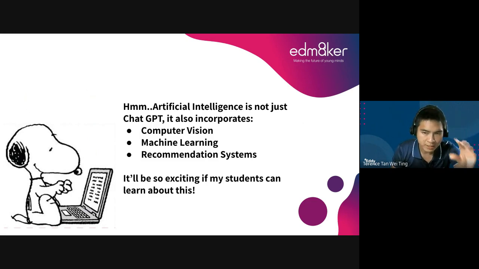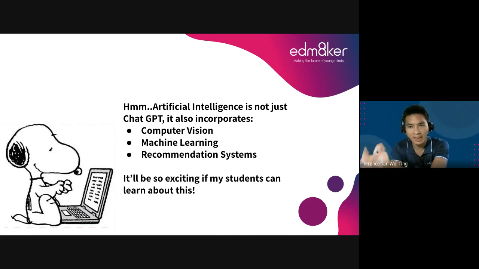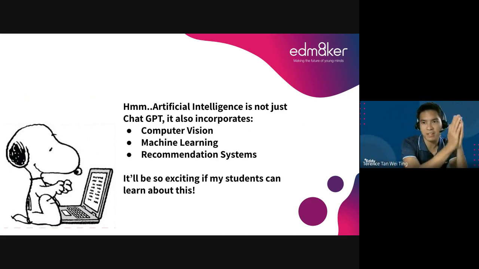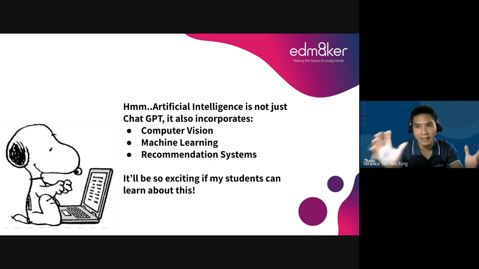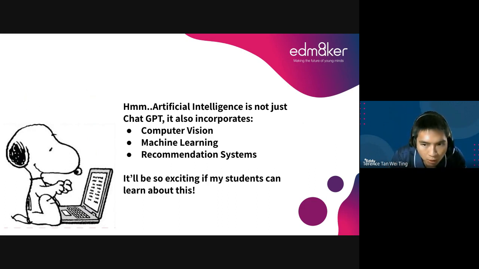All these different applications of AI can be transformed into problem-based learning lessons for students to actually understand how AI can be applied to their daily lives, and in the process, also learn a little bit about math, science, the different subjects that they have in school.